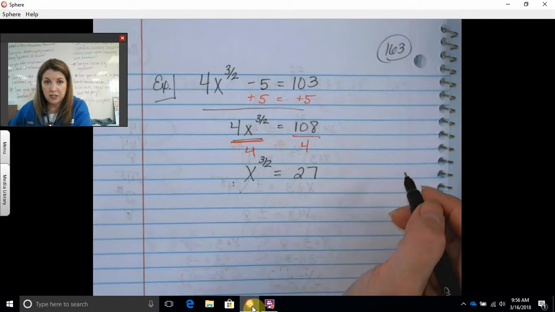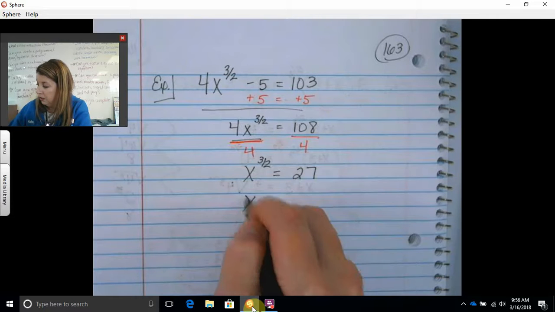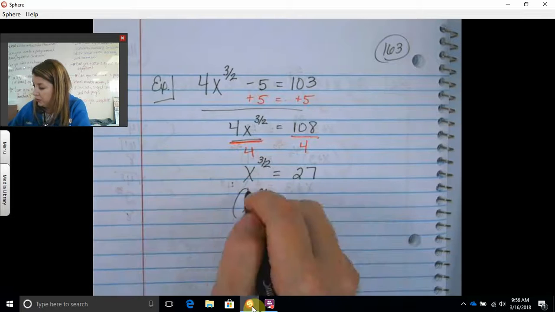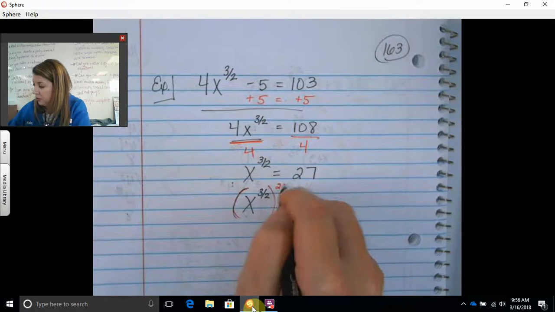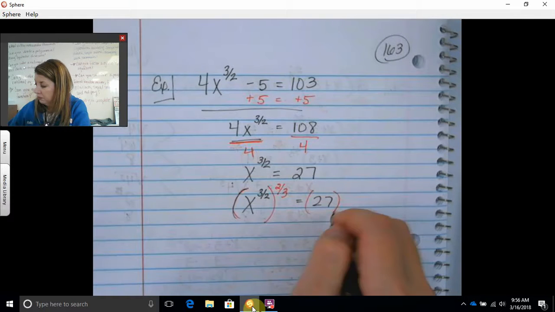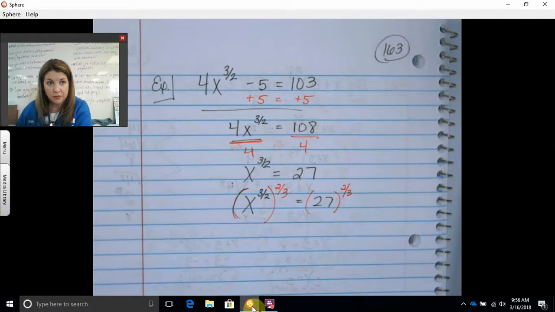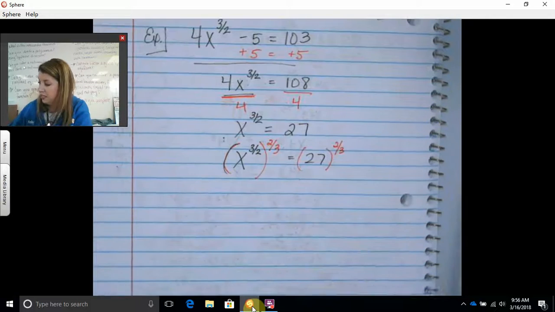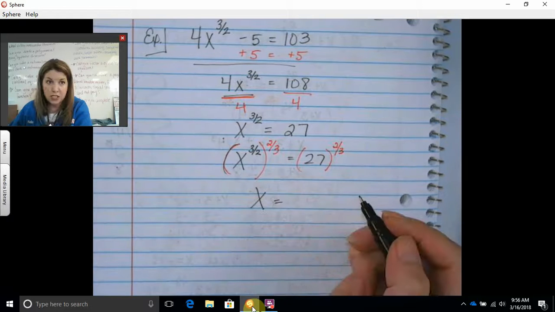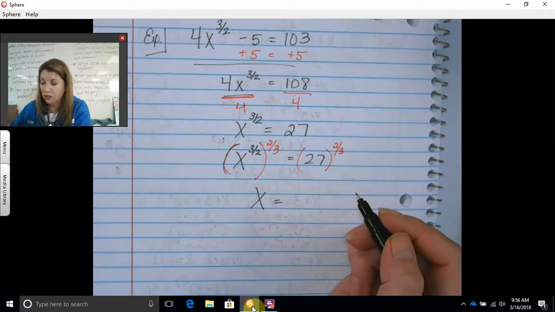Now, do we want to turn that x to the 3/2 into a radical? No. What do we want to do? Yeah, we'll raise both sides to the reciprocal. So the reciprocal is 2/3. So x raised to the 3/2 quantity raised to the 2/3 is just x. 27 raised to the 2/3 will turn that into a radical, which is what?